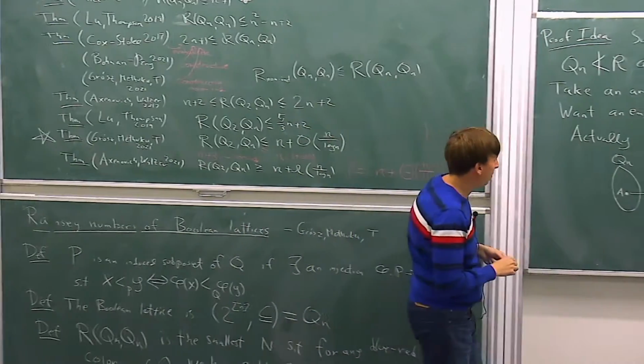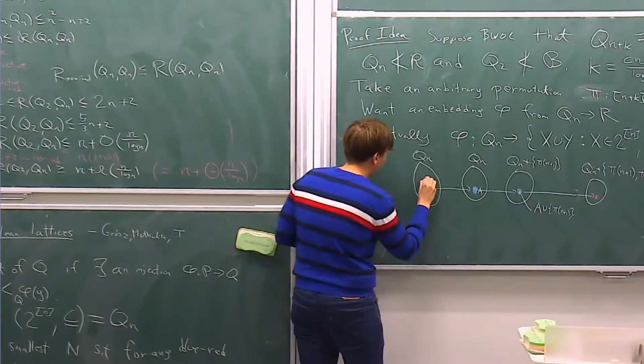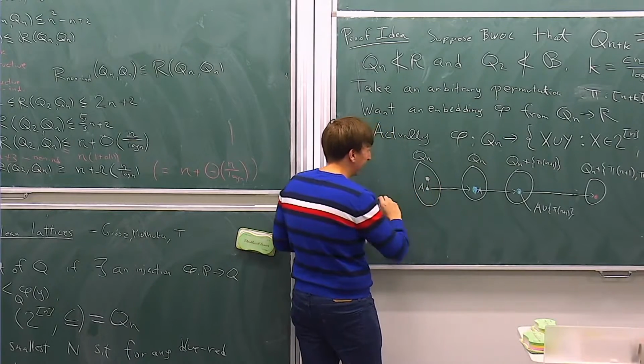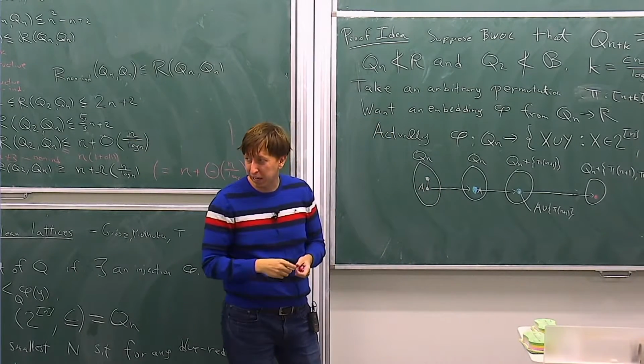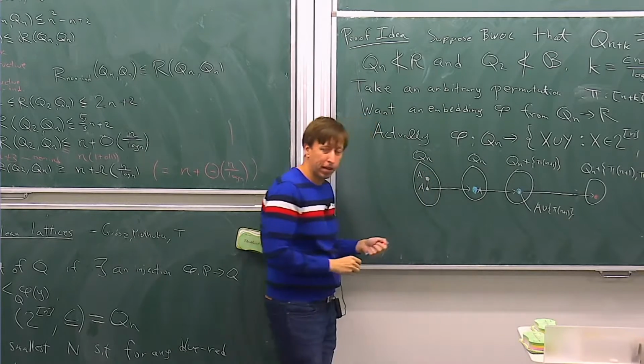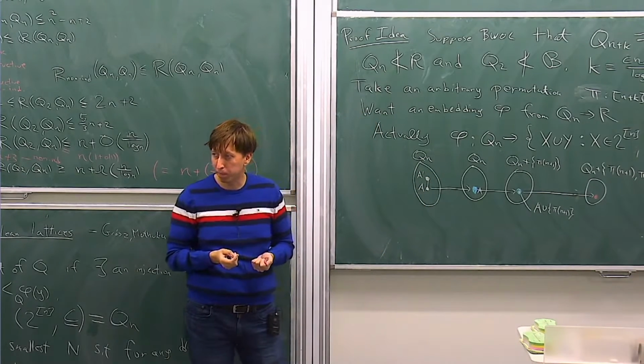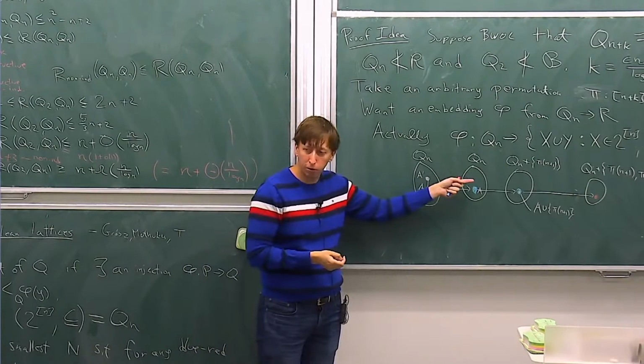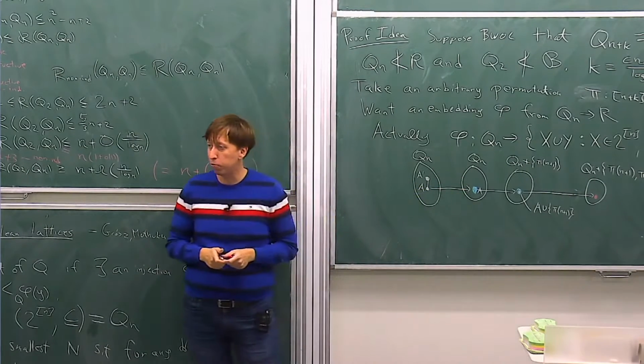So what do I mean by that? Now, let's say we've already embedded A, and later on we have a set, let's say A prime, and now I want to try to embed A prime. Well, I'm not just going to try to embed it in Qn directly.